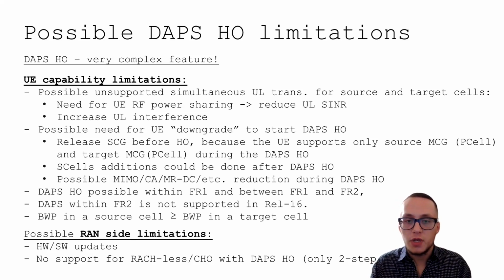So DAPS handover can only be between those cells. Of course, it will lead to possible data rate reduction, but the connection will be kept, and this is very good.